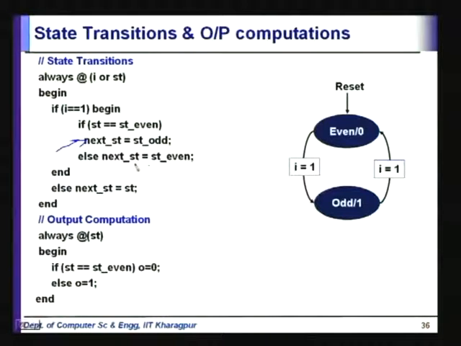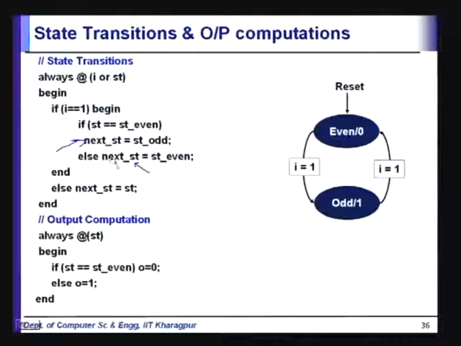Now remember that this assignment of the next state will take place in the next clock cycle, at the next posedge of the clock, not immediately. In a finite state machine, you have received another 1 in this clock cycle.